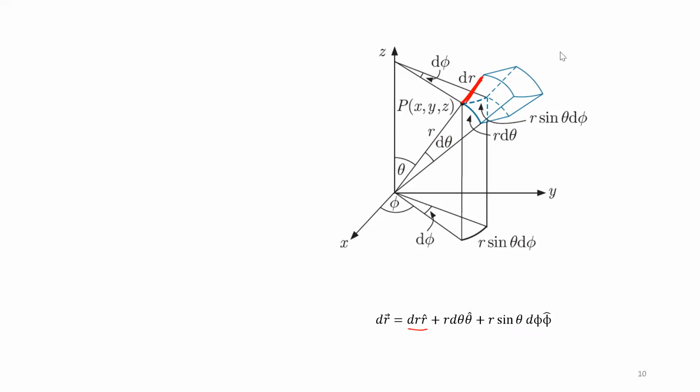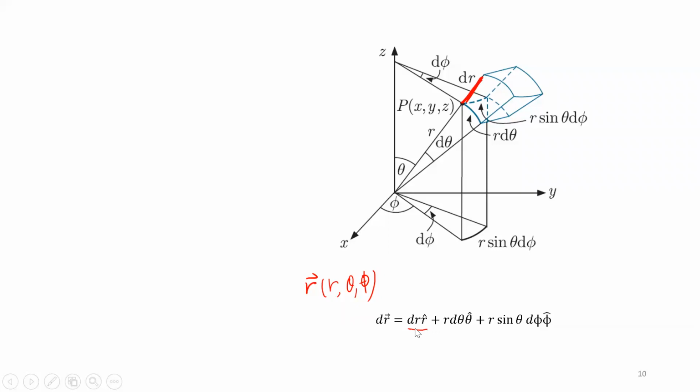So if I am going to have a vector function in these spherical coordinates, and if I'm going to change the r variable a little bit, then this vector function will change by this amount.